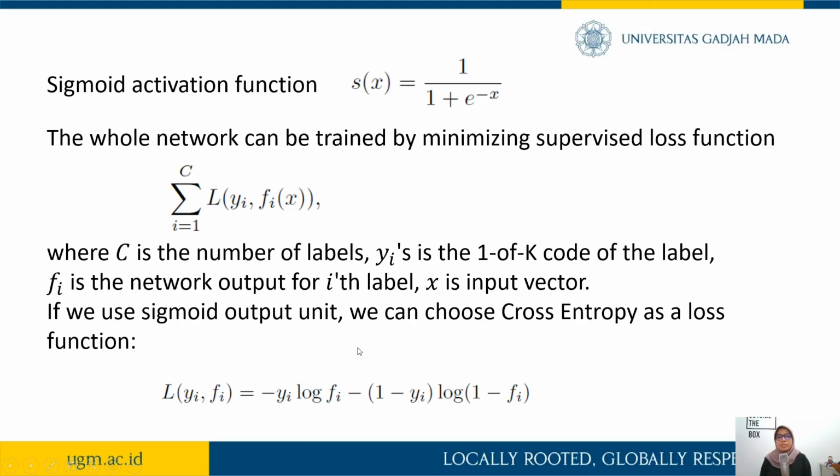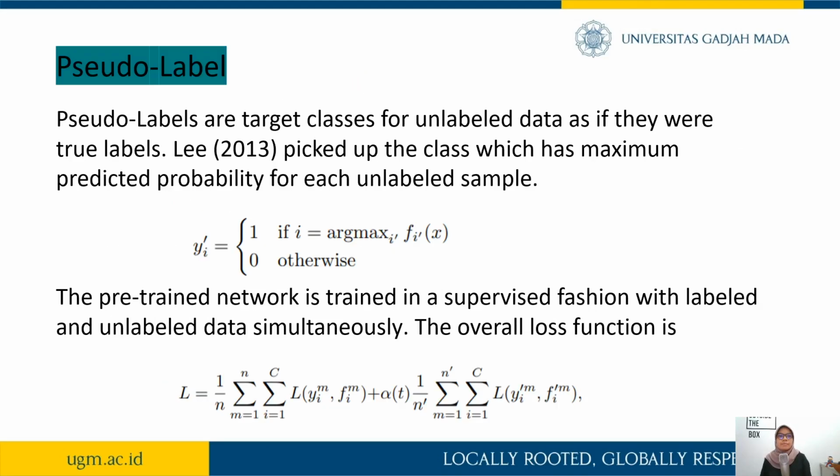Let's say we are using the sigmoid output unit, we can choose cross entropy as the loss function here. I will not describe how the training works; it can probably use stochastic gradient descent in this case.